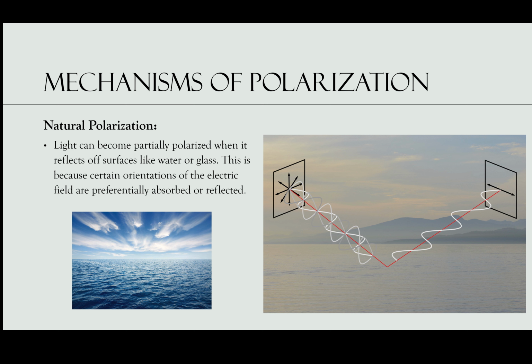So some of the orientations of the electric field are partially absorbed and some are reflected. For example, when we describe the deep blue sea, right? Technically, if light is shining through water, we should be able to see the bottom of the ocean at all times, yes? Isn't that true?